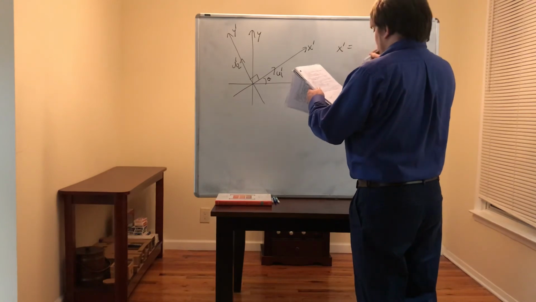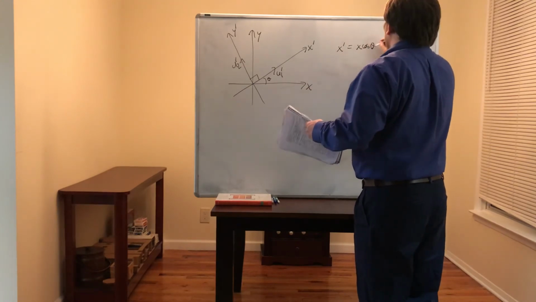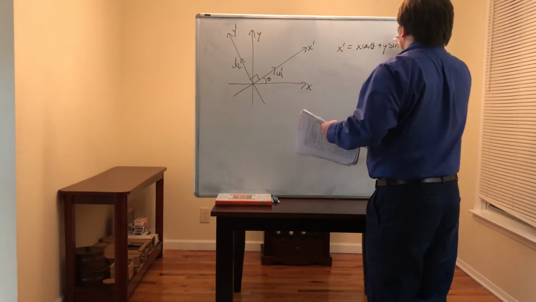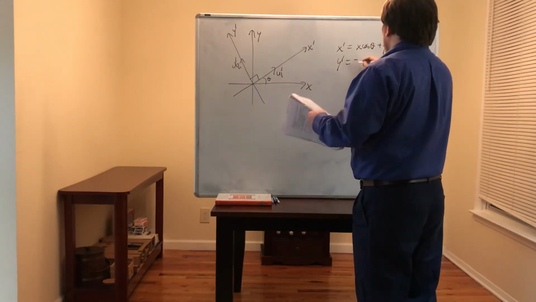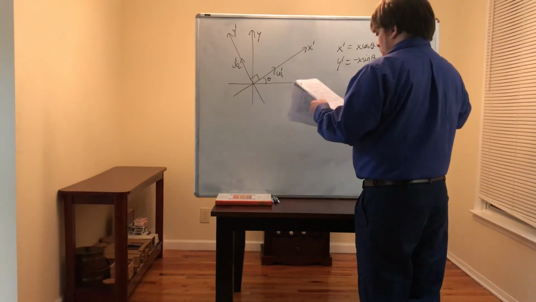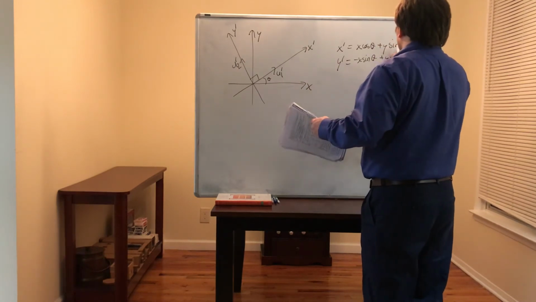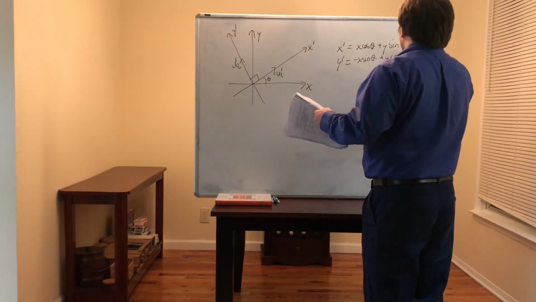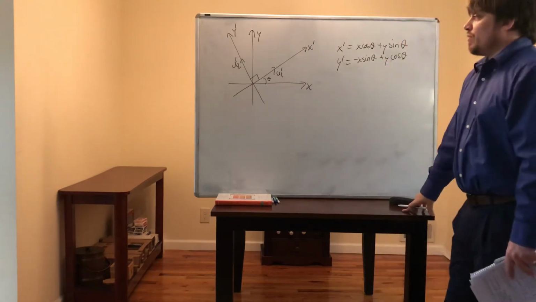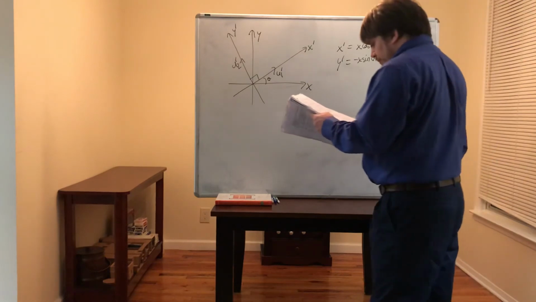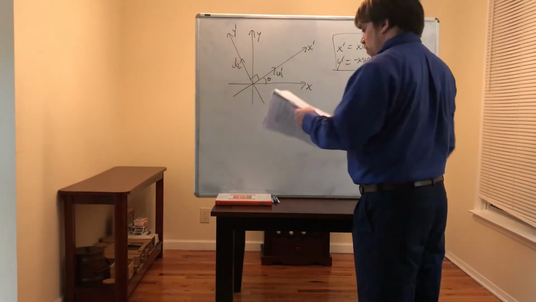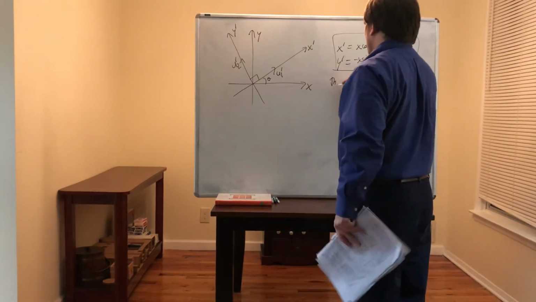So x prime is equal to x cosine theta plus y sine theta, and y prime is equal to negative x sine theta plus y cosine theta. These are the new coordinates after the original point is rotated theta degrees counterclockwise. These two equations are called the rotation equations for R2.